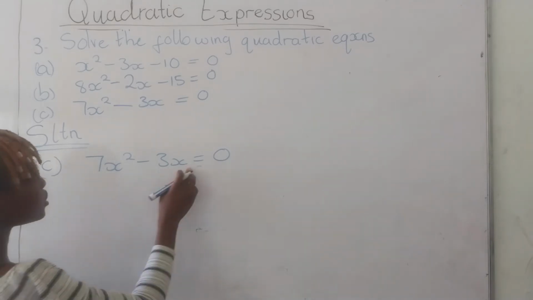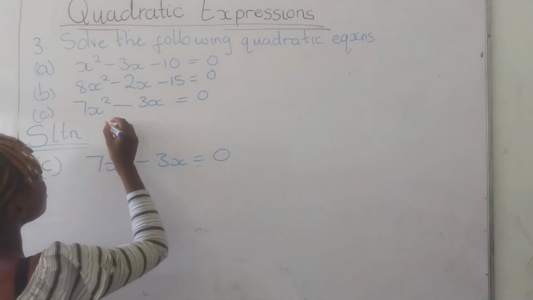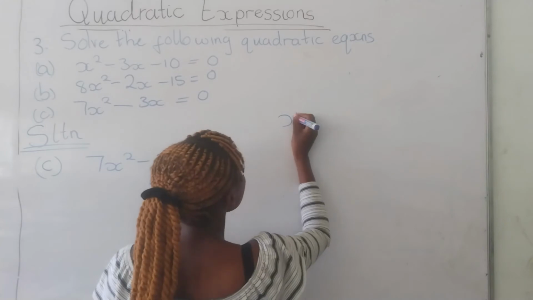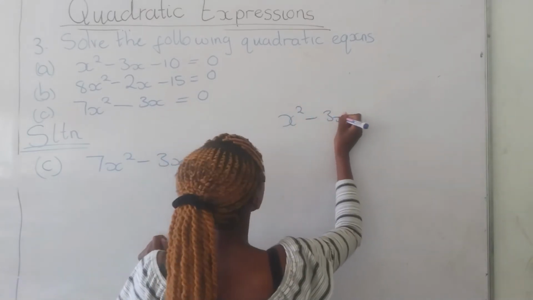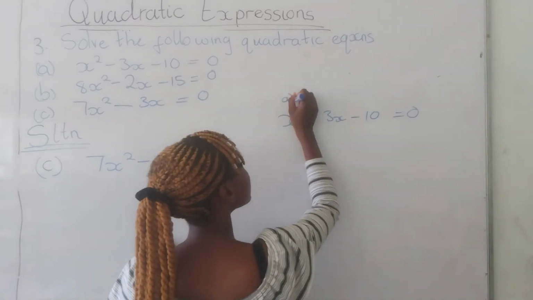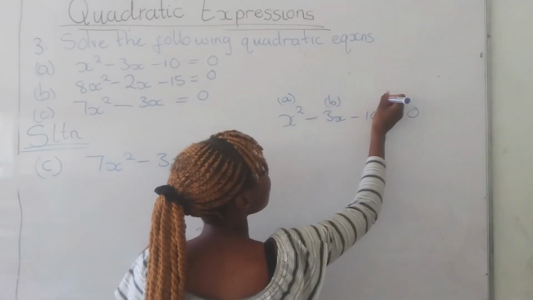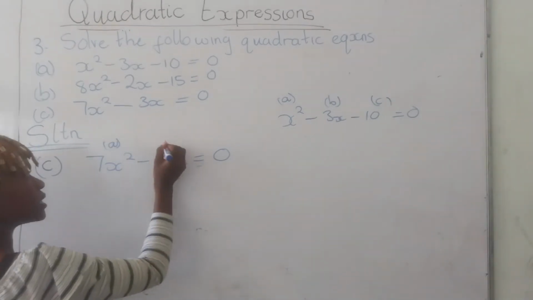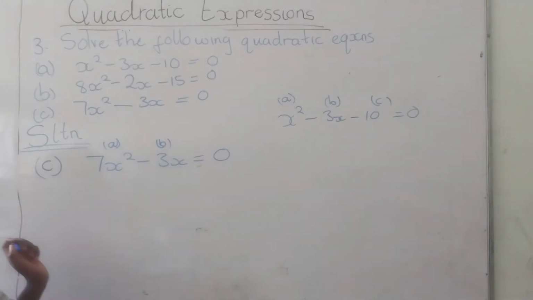And notice that here we don't have our C. We usually have our x squared minus 3x minus 10 is equal to 0. Our A, our B, our C. But for this part, we only have our A and our B. Okay?